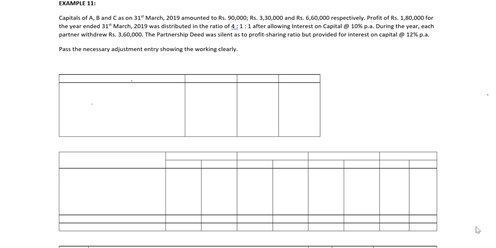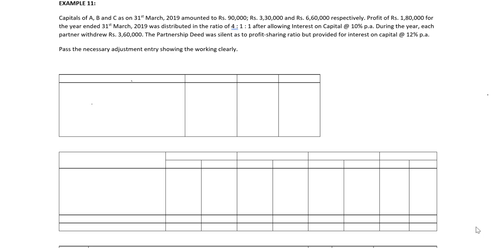During the year, each partner withdrew rupees 3,60,000. The partnership deed was silent as to profit sharing ratio, but provided for interest on capital at 12% per annum. Pass the necessary adjustment entry showing the working clearly.